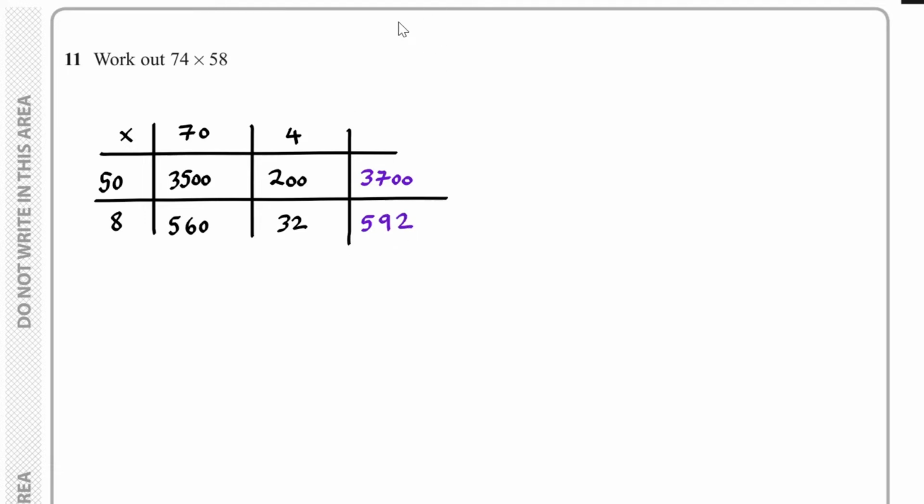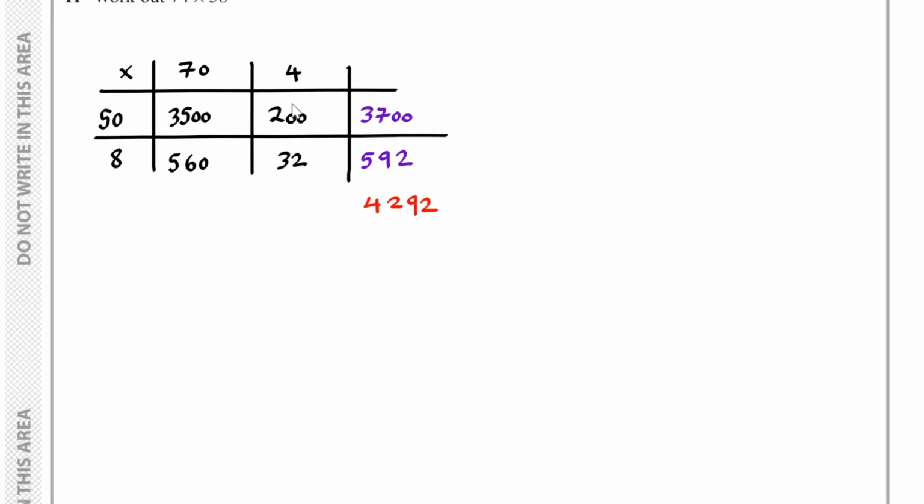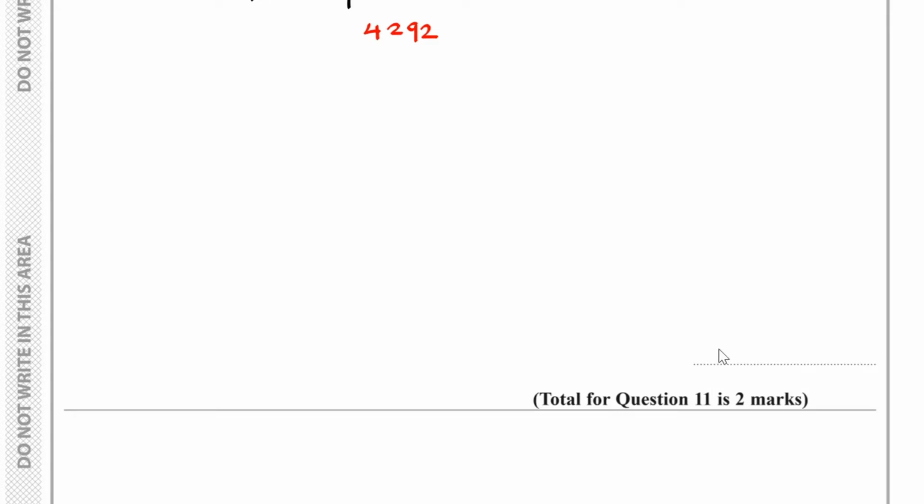And now adding together 3,700 and 592, it turns out we get 4,292. So we end up with 4,292.